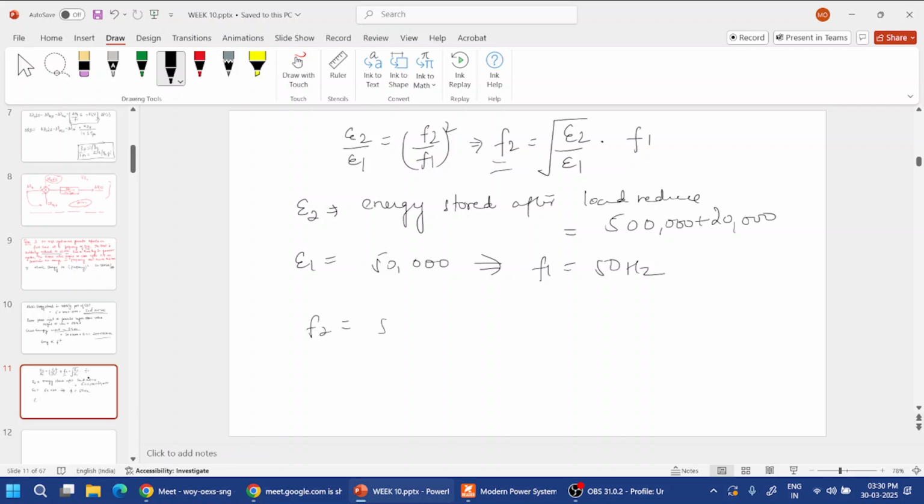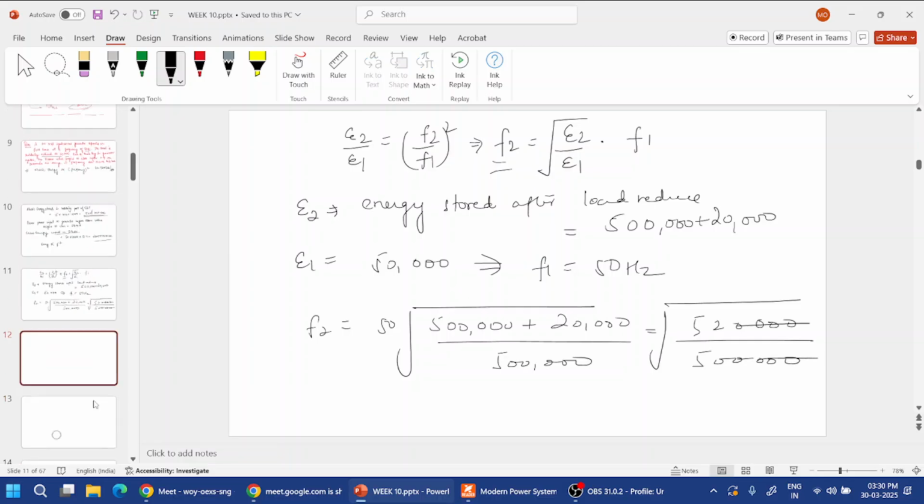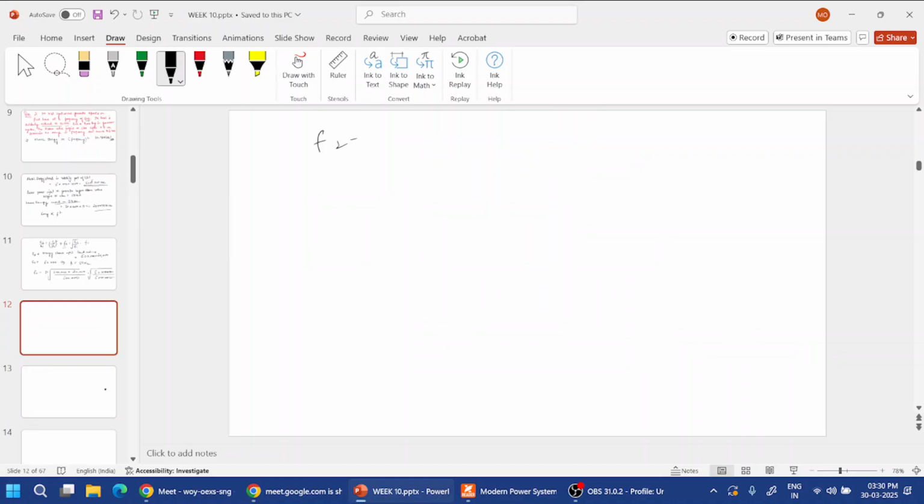So F2 is equal to 50 under root of (50000 plus 2000) divided by 50000, so it will be equal to 52 by 50.